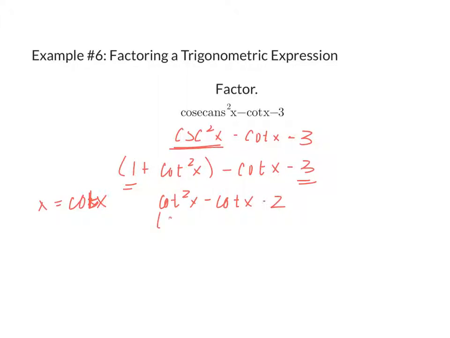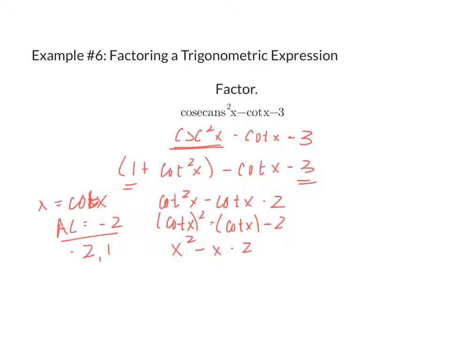So if I just want to write this in terms of cotangent x, this is cotangent x squared minus cotangent x, and then minus 2. Cotangent x will be x squared minus x minus 2. AC, if we go from that point, AC of negative 2, that gives you negative 1, would be negative 2 and positive 1.